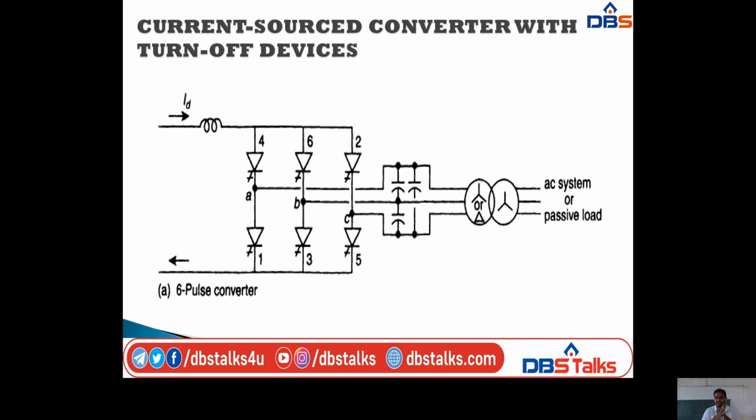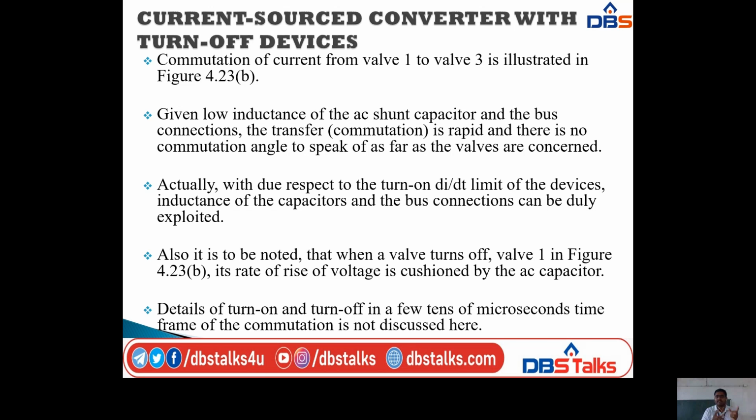The AC side consists of the different capacitors, so it is a passive load. Based on this, the commutation of current from valve 1 to valve 3 is illustrated in the next diagram, that is the waveform.